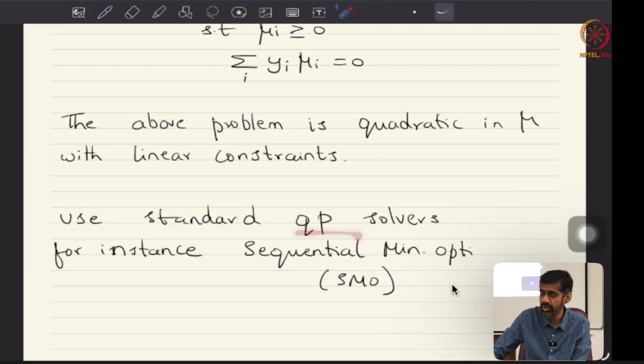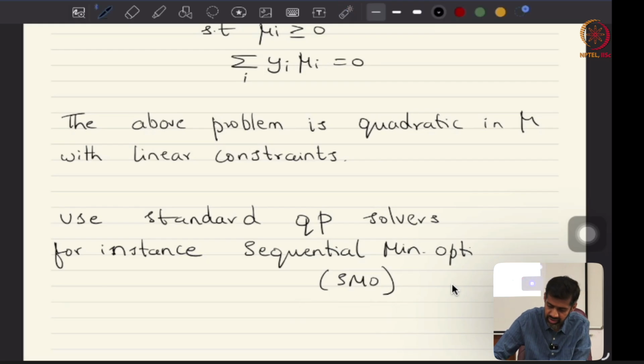I am assuming that there are solvers that would solve a standard quadratic programming problem with linear constraints. One of the algorithms is called SMO, and there are libraries to do this. One of the famous libraries used to solve this problem is called libSVM.